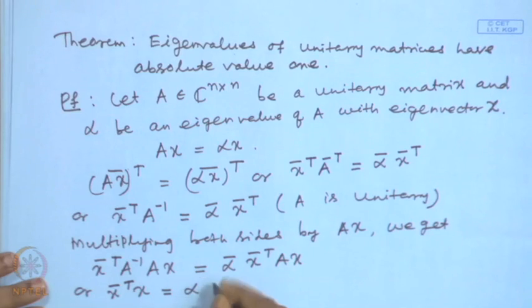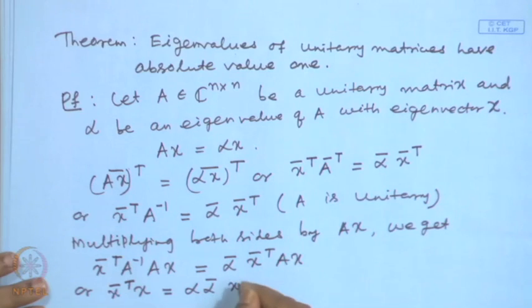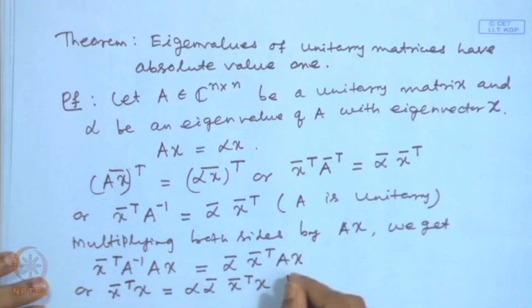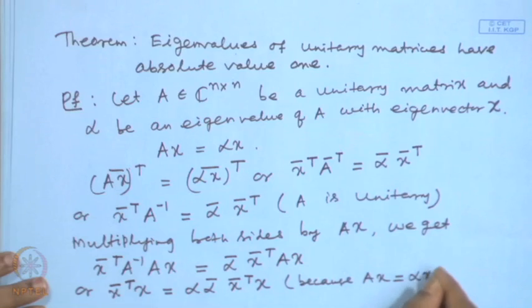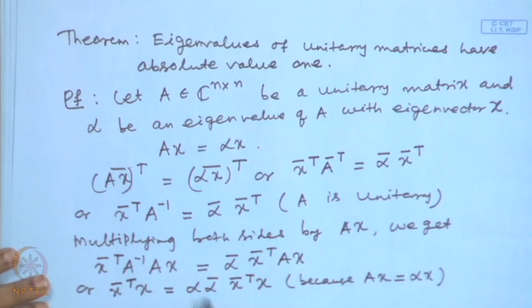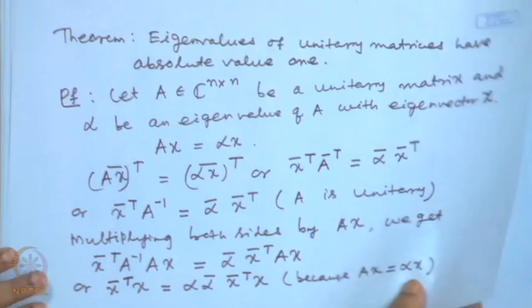Now alpha bar times alpha will be equal to mod alpha square.